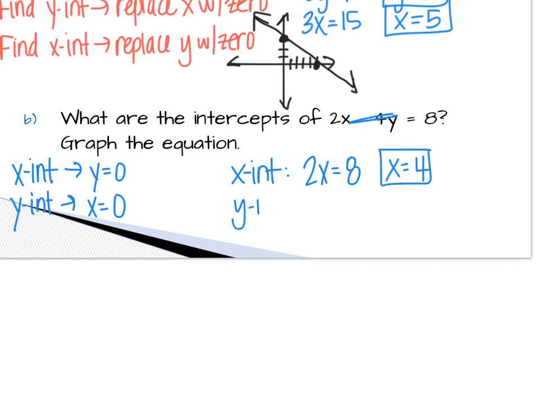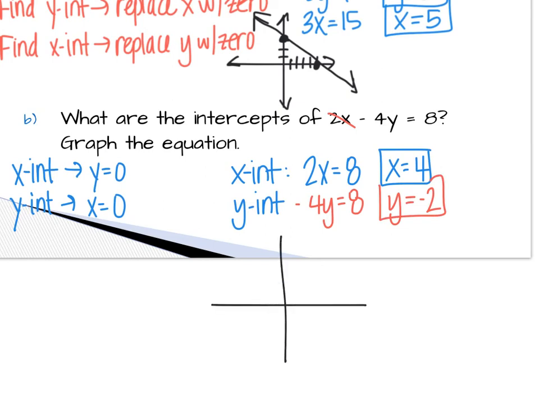For my y-intercept, the 2x goes away, and I get negative 4y equals 8. So y equals negative 2. Now they want you to graph it using intercepts, so you're going to sketch yourself a graph. You're going to go right 4 on the x-axis and down 2 on the y-axis, and draw your line.